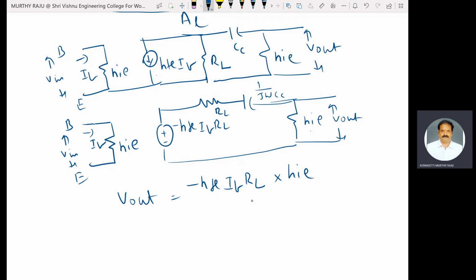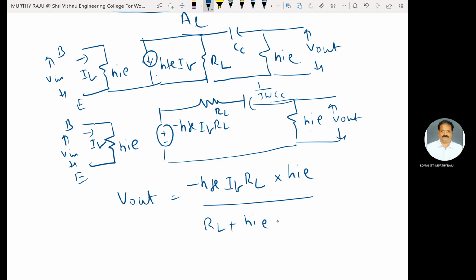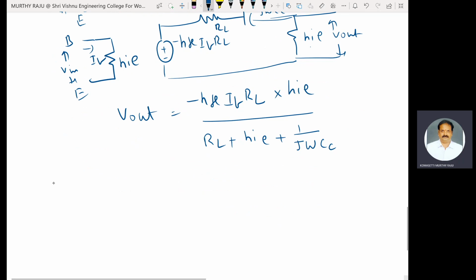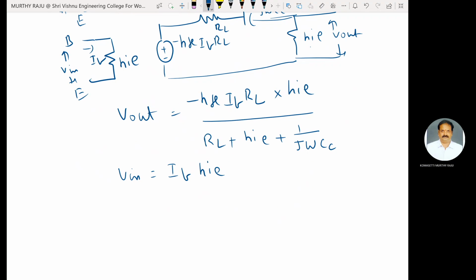That is the reason we multiply by HIE, by the sum of these three impedances: RL plus HIE plus 1 by j omega CC, the coupling capacitor. V in is equal to IB into HIE. Therefore, the low frequency gain AL is equal to V out by V in.